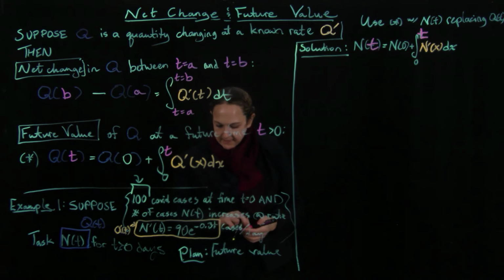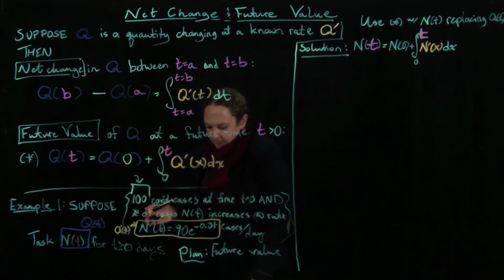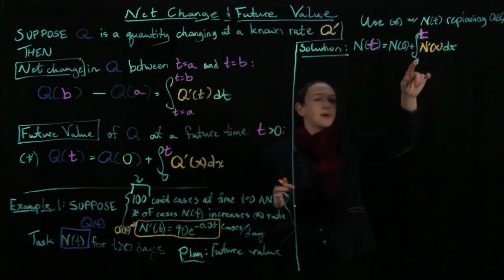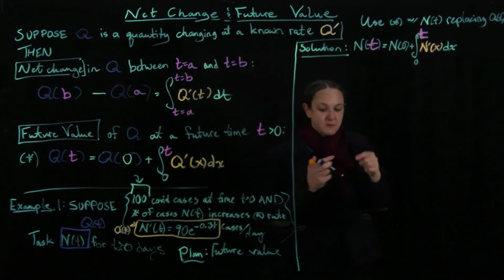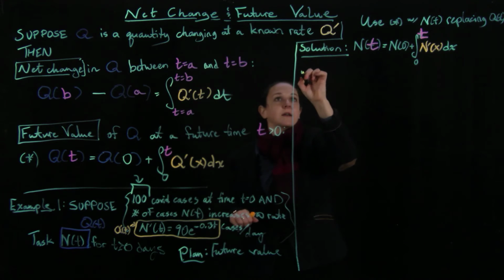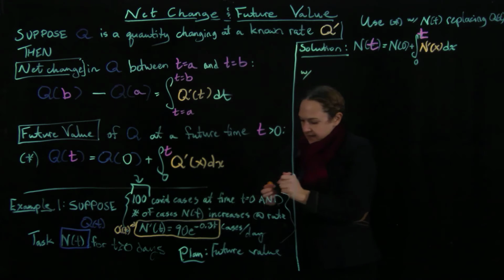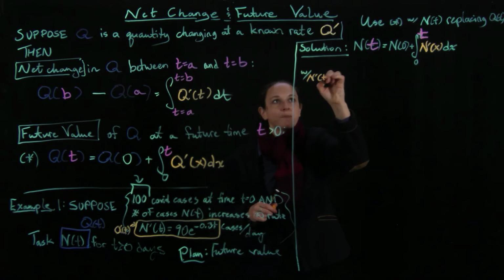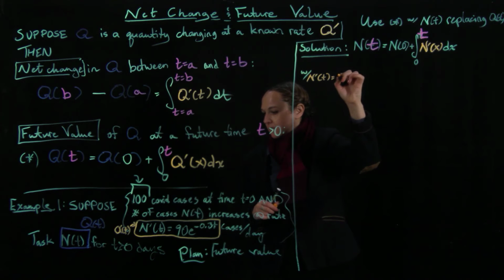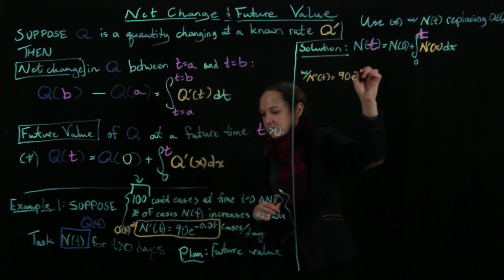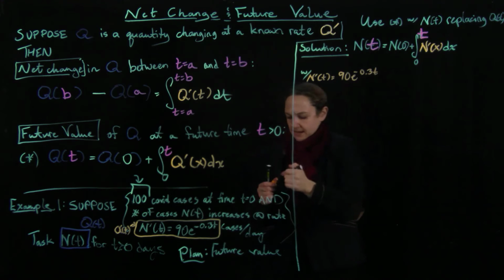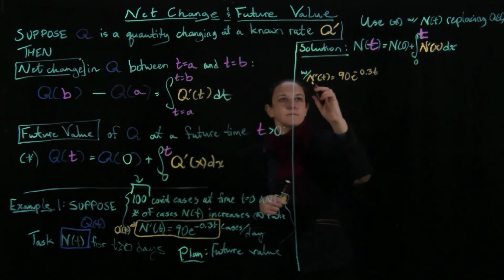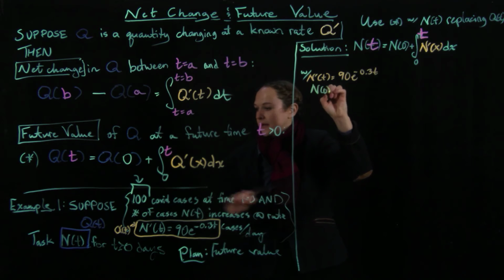We have everything we need on there, except what we're going to put in. So we have two things to worry about, N of 0 and N prime of x. From over here, we take what we have. So our N prime of t is going to equal 90 e to the minus 0.3t. And the other thing we need is our N of 0, and this comes from here.